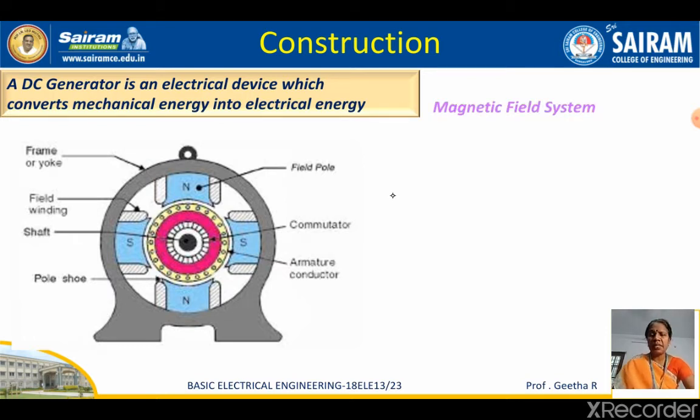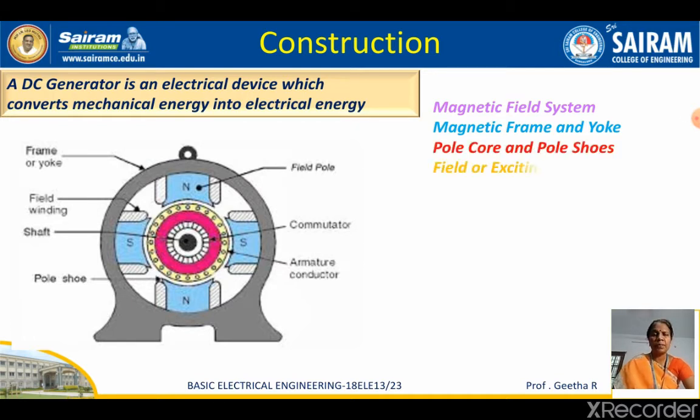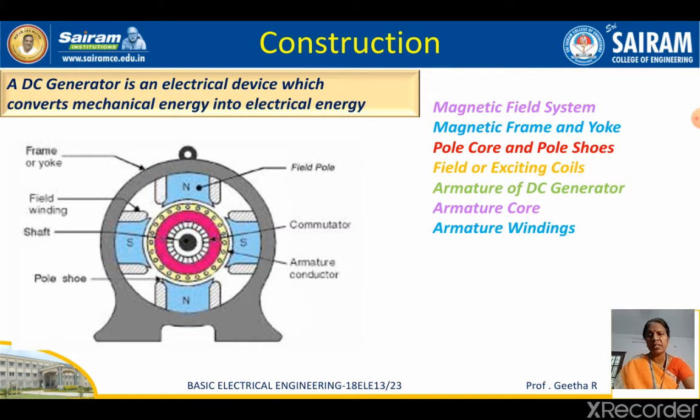Here in the construction details, you are going to see the magnetic field system. Under the magnetic field system, you have the magnetic frame and yoke, the pole core and pole shoes, and the field or exciting coils. Then the armature of a DC generator, the armature core, and the armature winding. So there are two major parts: the magnetic field system and the armature.